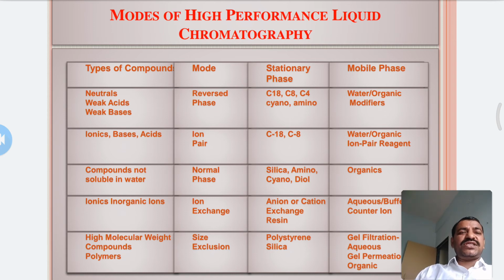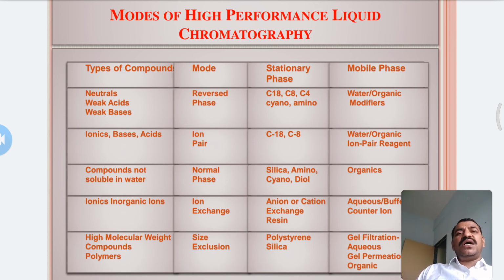The mobile phase is water with organic modifiers, for example 80% water and 20% organic. This is the reverse phase method, used for neutral compounds, weak acids and weak bases.